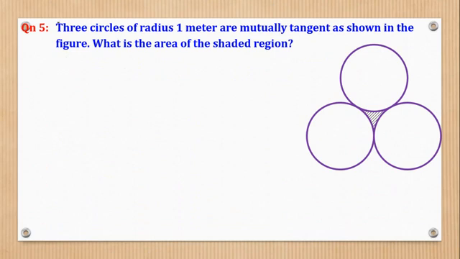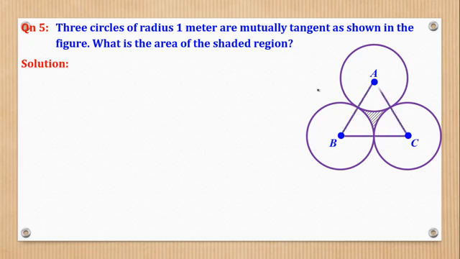Question 5 says 3 circles of radius 1 meter are mutually tangent as shown in the figure. What is the area of the shaded region? So these are 3 touching circles. The first thing to do is to show their centers, then you join the centers.